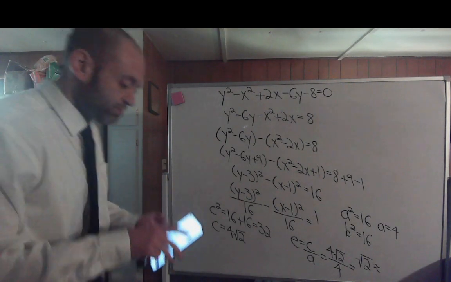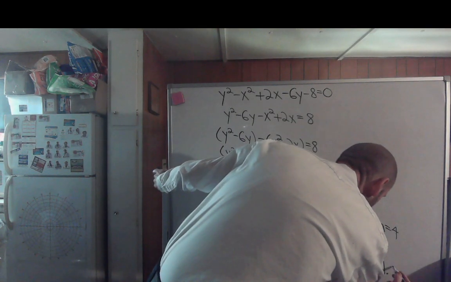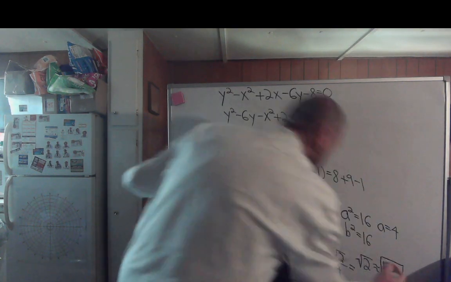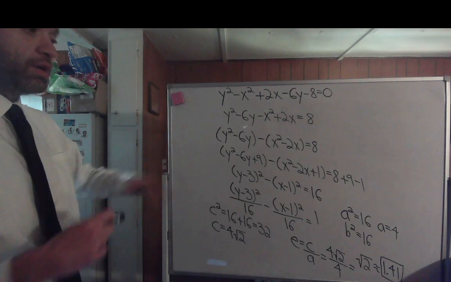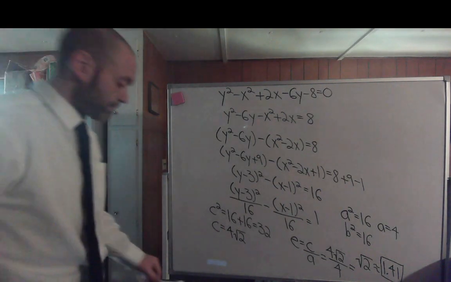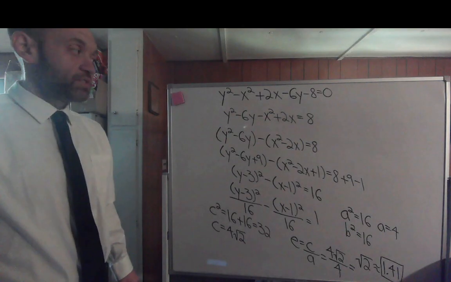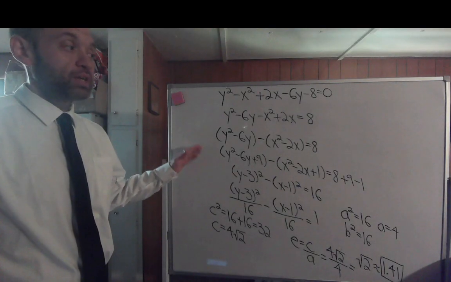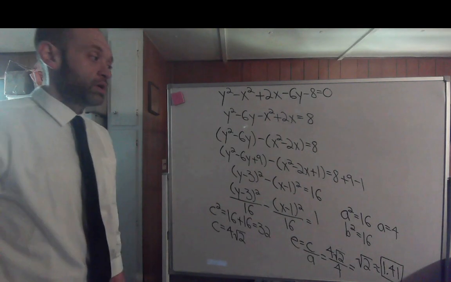Square root of 2 is about 1.41. So you have an eccentricity of approximately 1.41 for this hyperbola, which fits with what they tell us, that eccentricity for a hyperbola is always greater than 1.